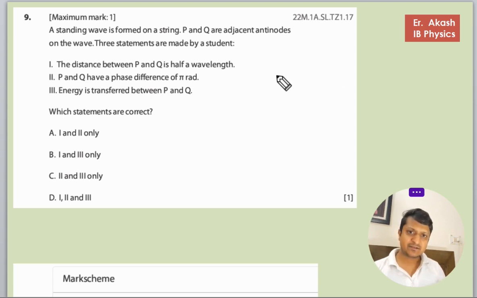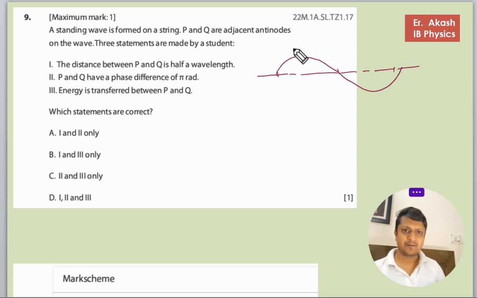So just suppose like this, there's a wave, and this is the center line, and this point is Q, then this is P, sorry.